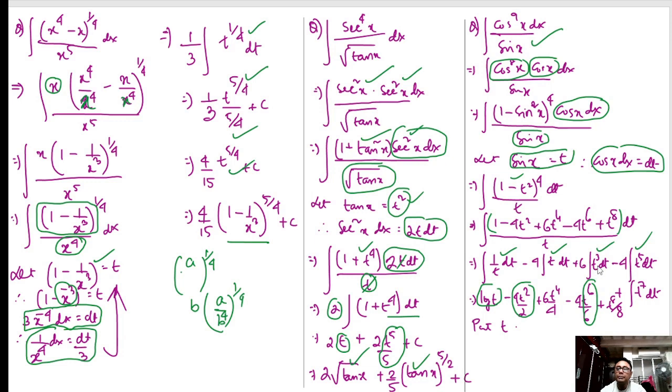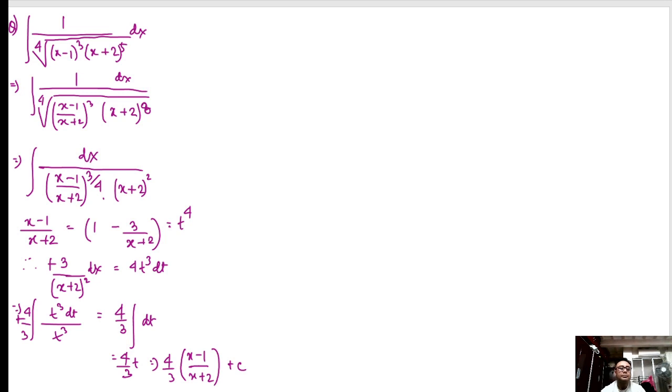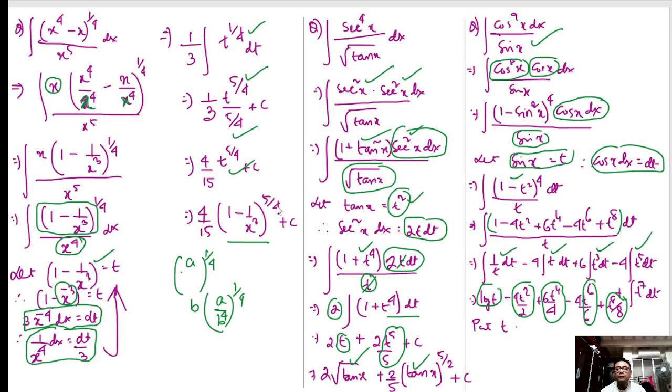So t cube will become t4 by 4. t to the power 5 will become t to the power 6 by 6, and t to the power 7 will become t to the power 8 by 8. So for the sum, what you have to do is replace the value of t back. Replace all the t with sin x, and you will get the answer.